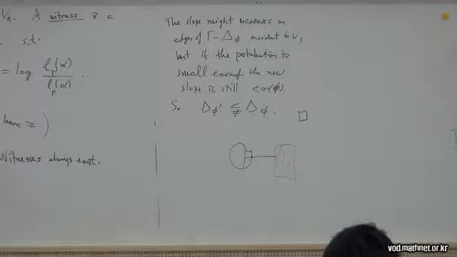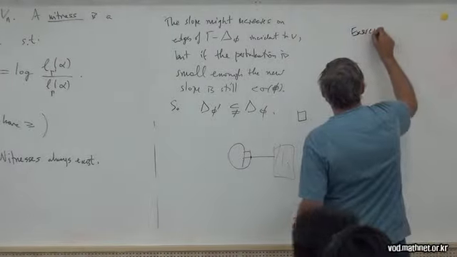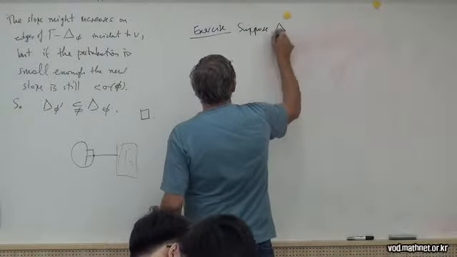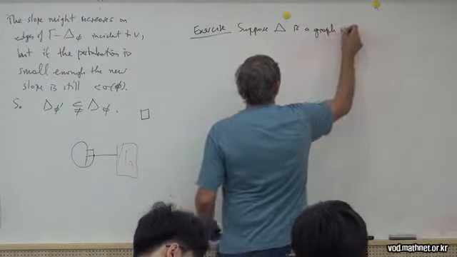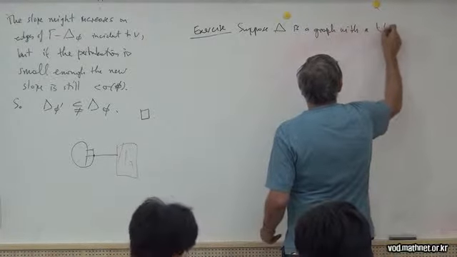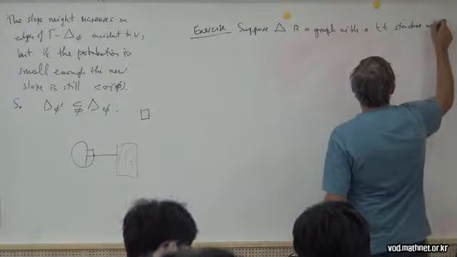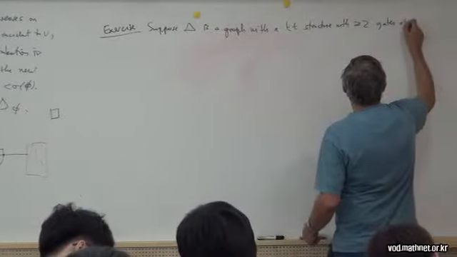Okay, now here's a little exercise that I will leave to you. Suppose delta is a graph with a train track structure with at least 2 gates at every vertex.